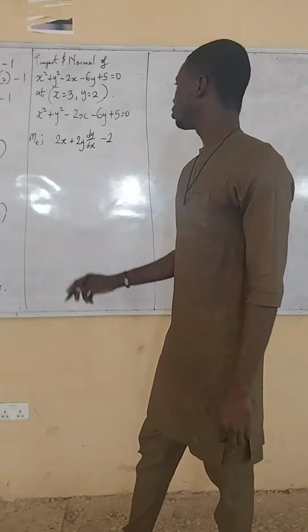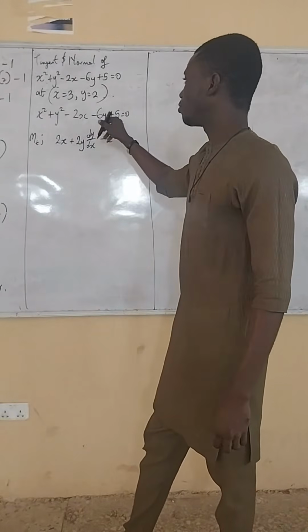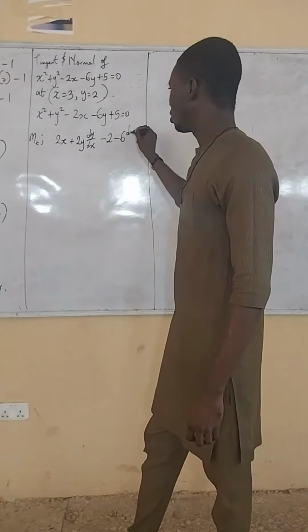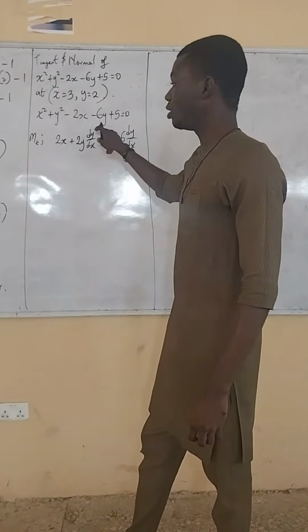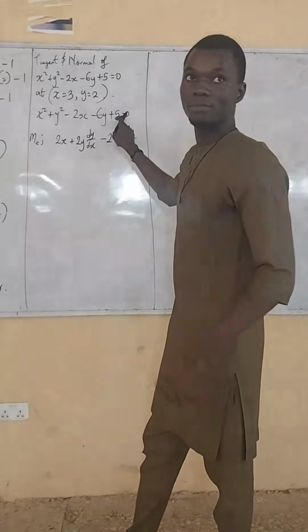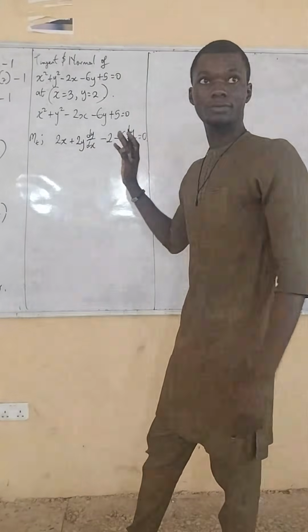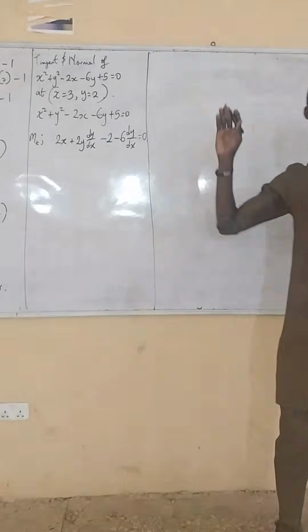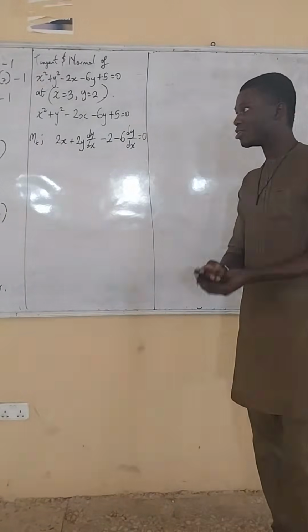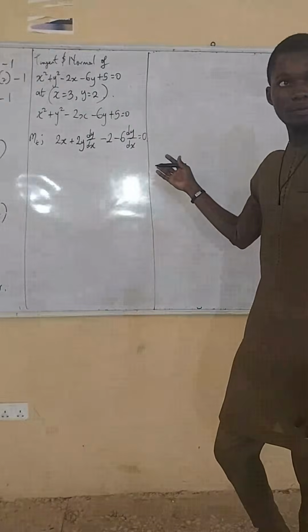Minus 2 minus the derivative of 6y, that's minus 6 dy dx, since it's with respect to y. Then the constant 5: the derivative of a constant is 0. So that's plus 0 equals 0. That's what we have there.